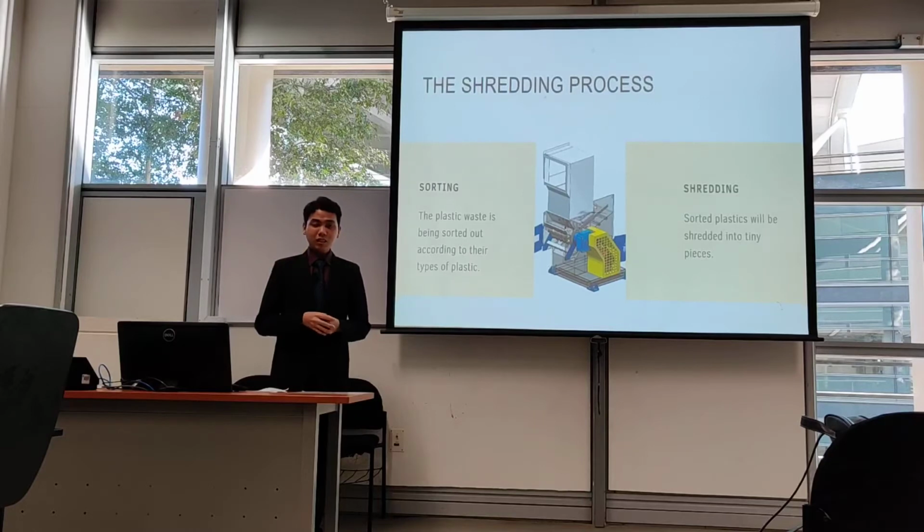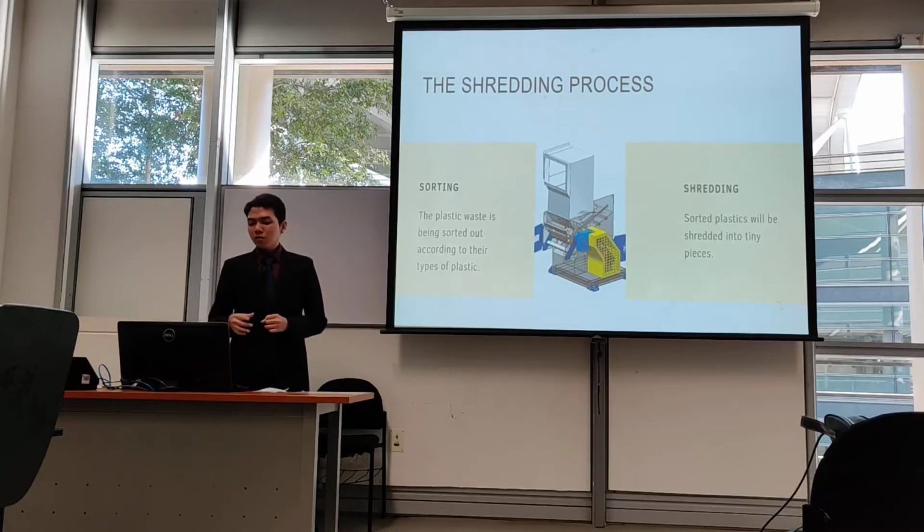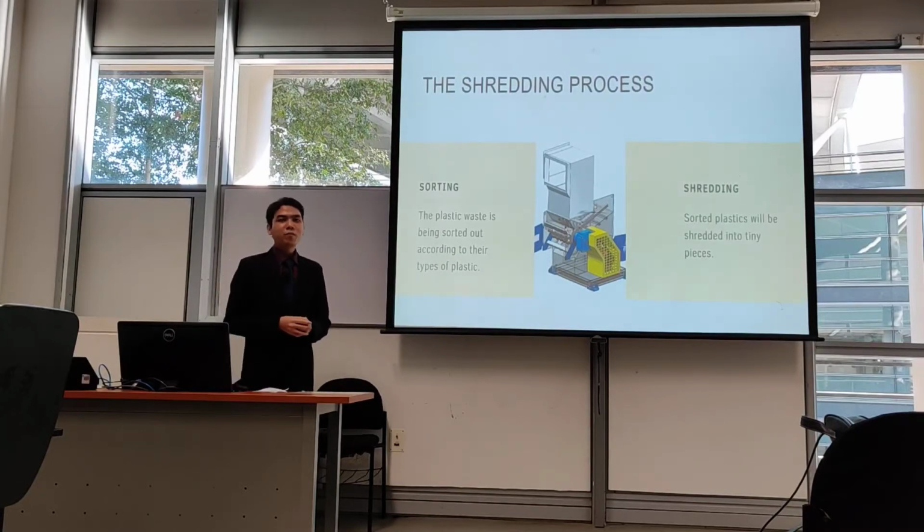The cleaning process is very important so that there will be no contamination during the decomposition process. And last, the plastic goes through a shredder to be shredded into small pieces, so that it can create a large surface area and the decomposition process will become easier.